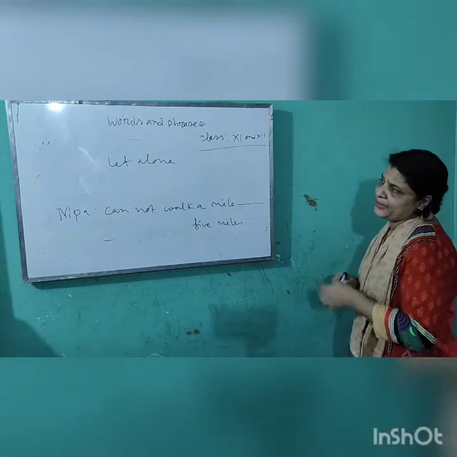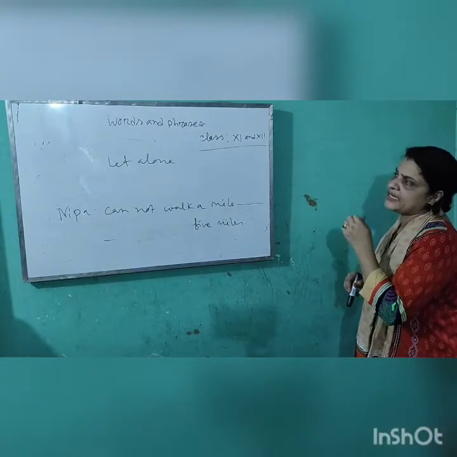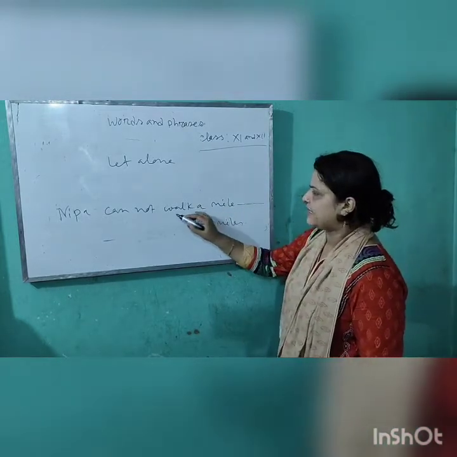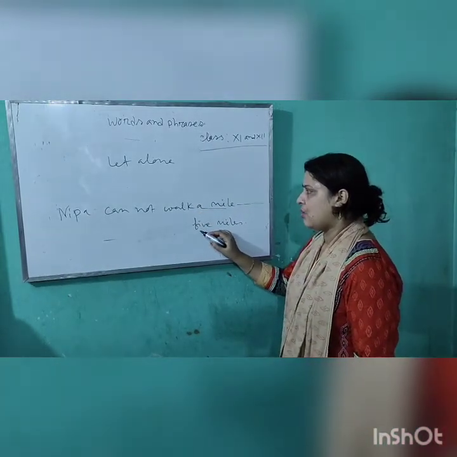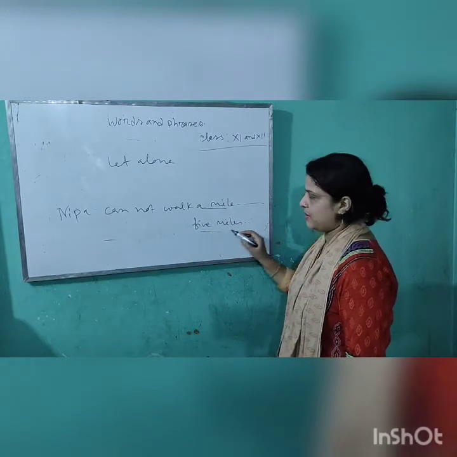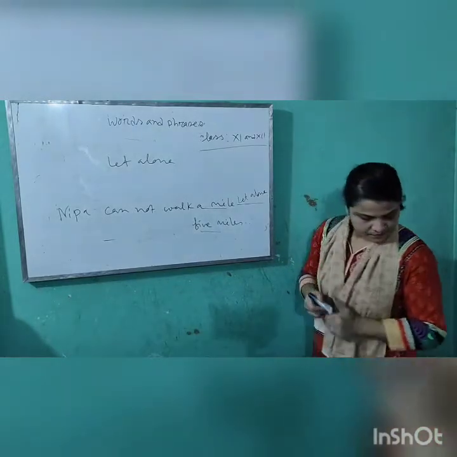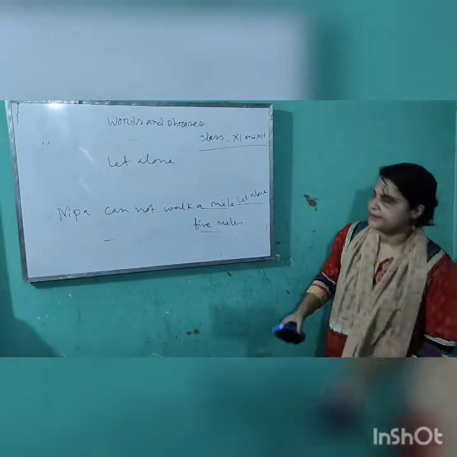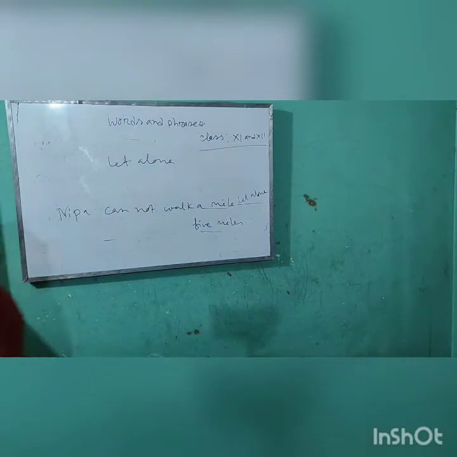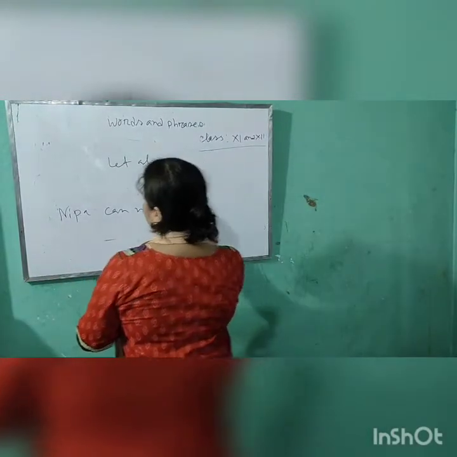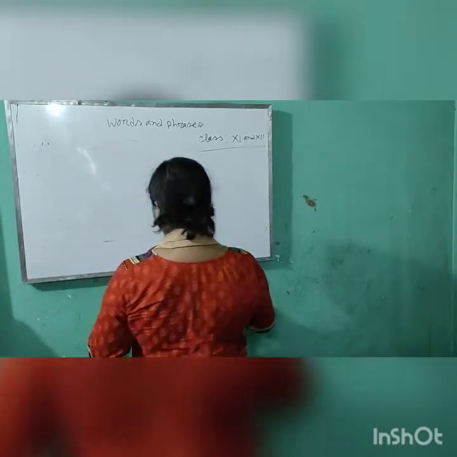In that case, you will use let alone. It indicates actually impossibility. So Nipa can't walk a mile. She can't walk a mile. So 5 miles is quite impossible. So you can use let alone. Okay, now let us see another phrase.